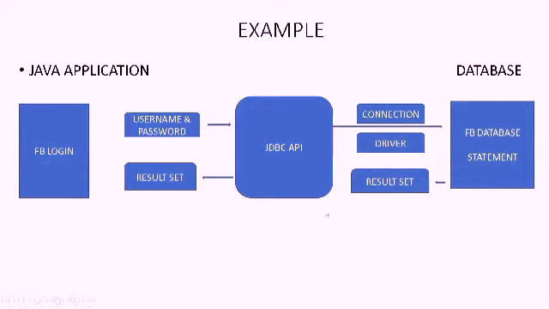That is called the result. With the help of the result set, it will send it back to the Java application. So if it is there in the result set, it will open the FB page. Otherwise, whatever error the FB database shows is displayed in the Java application.